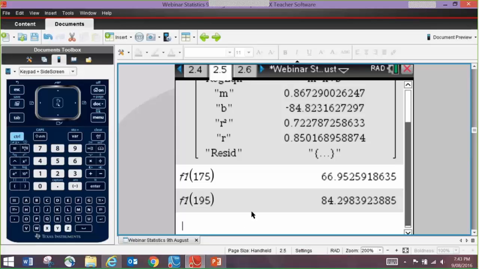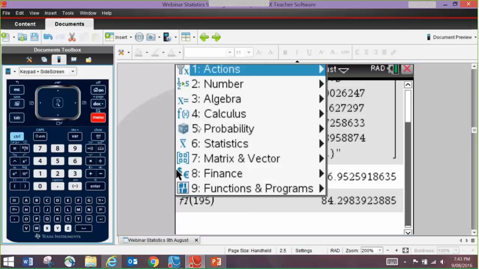The understanding behind it is quite complicated to go through in this little webinar, but the doing is in fact very easy.